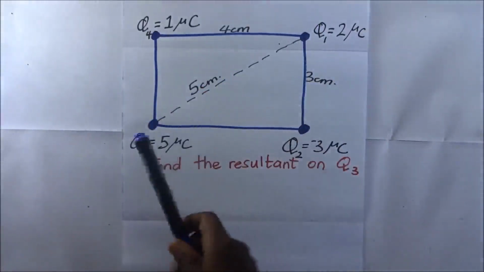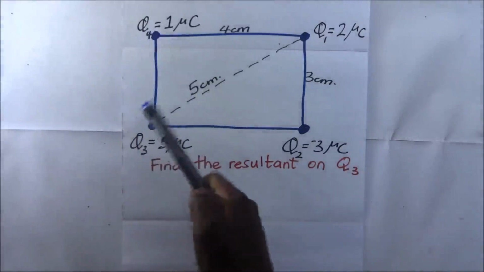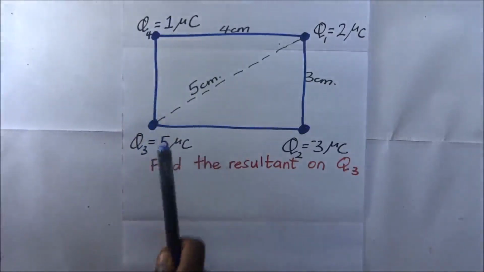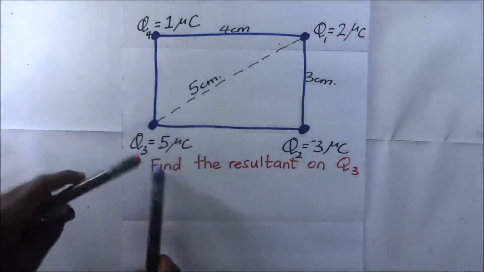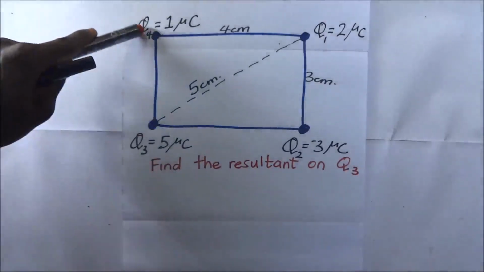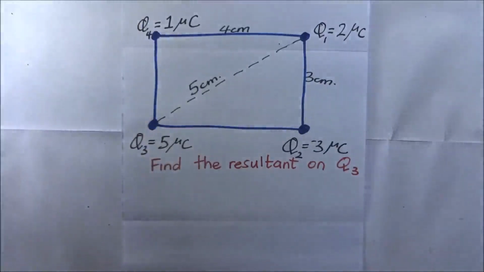And then we have charge Q4. Charge Q4 is also positive. Q3 is also positive. It means along this line, the force due to Q4 will be pushing this downwards. And so with that kind of analysis, we'll end up with the forces on Q3 in these kinds of directions, like this.